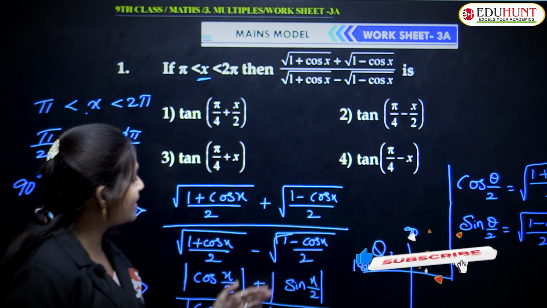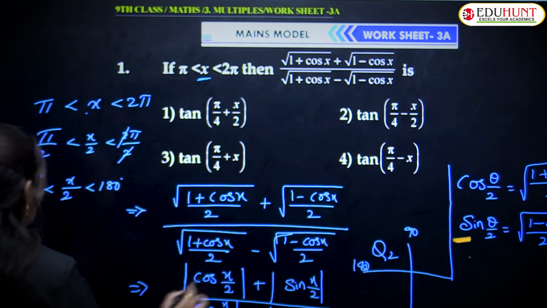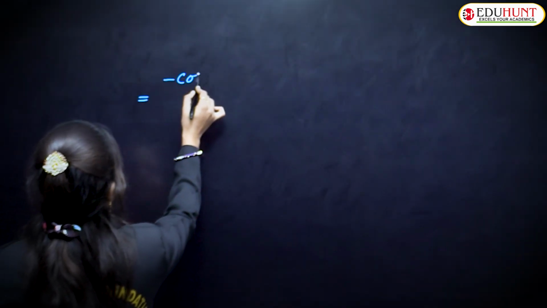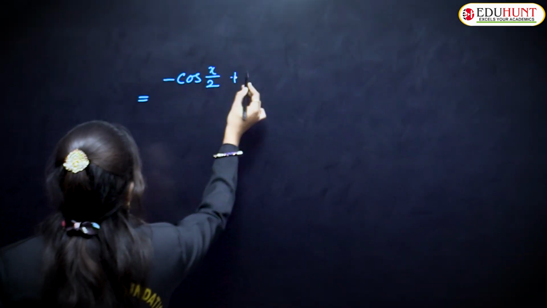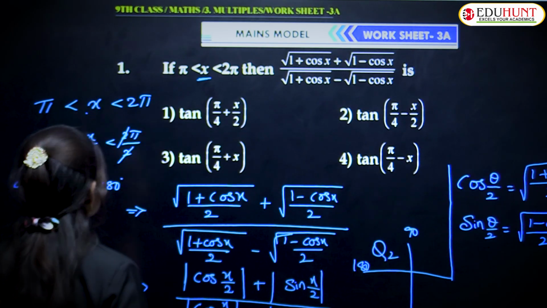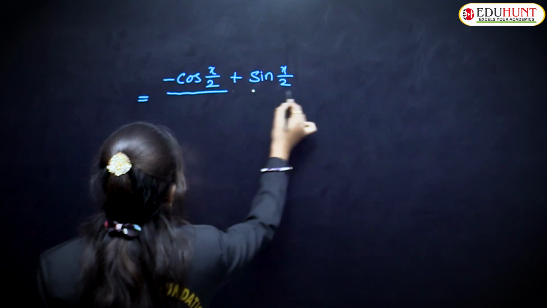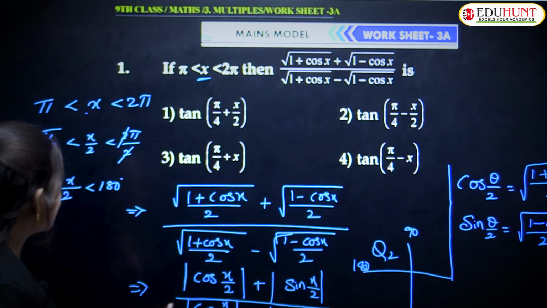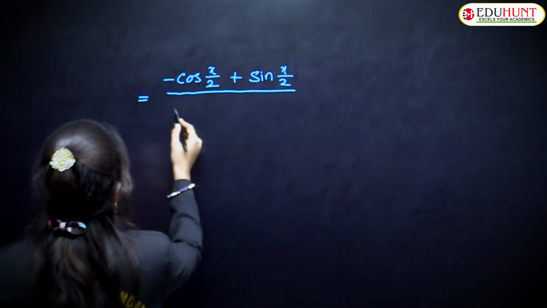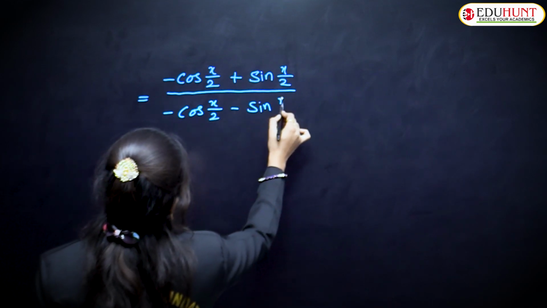So in this way we have to take the signs. Here modulus cos x by 2 equals minus cos x by 2, plus, since sine is positive in the second quadrant, sin x by 2, whole by, here modulus cos x by 2 again is negative, so minus cos x by 2 minus sin x by 2.